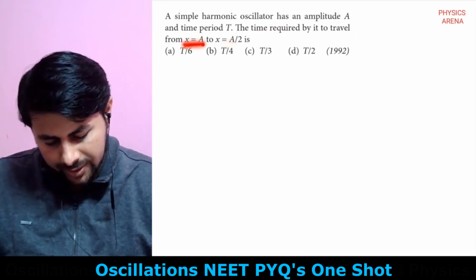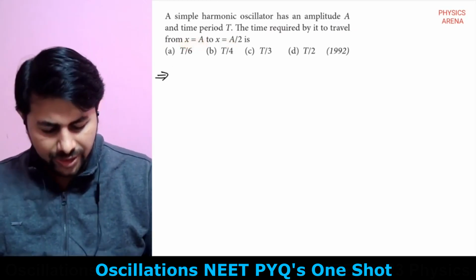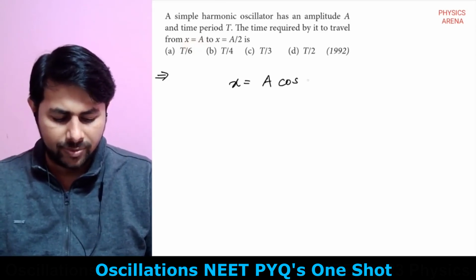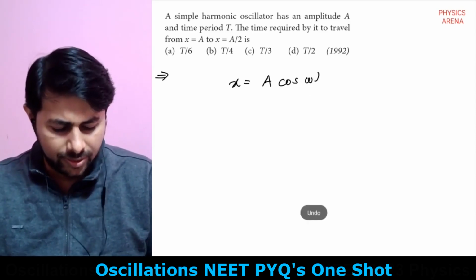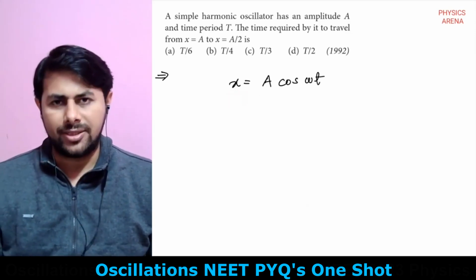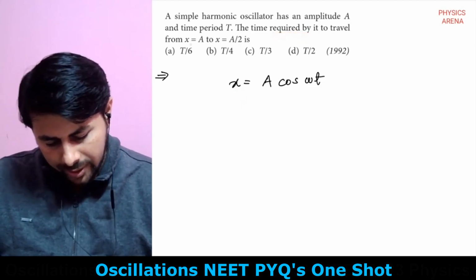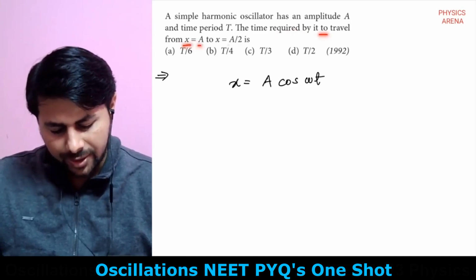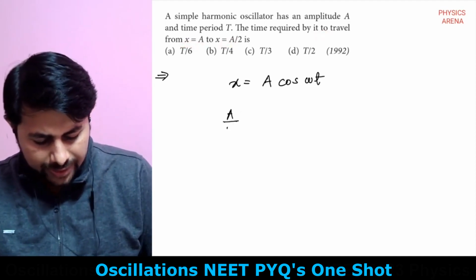So see, it is going from x equal to A. That means we have to use which equation? x is equal to A multiplied by cos of omega t, because the particle is starting from extreme. We want to find the time required to travel from x equal to A to A by 2. So let's put x equal to A by 2.